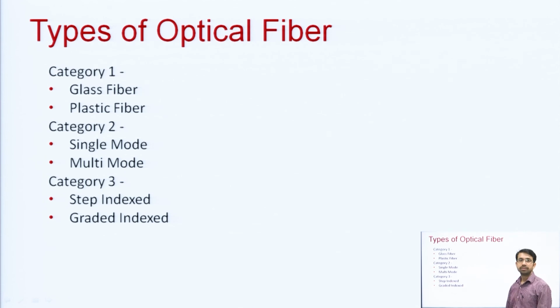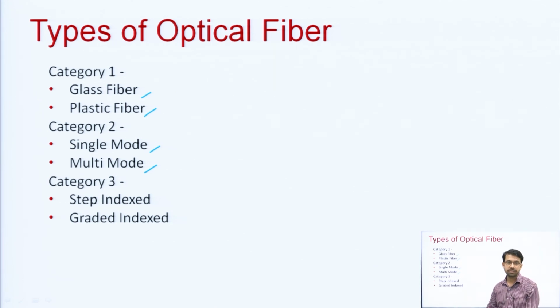Now, next, some different types of optical fibers are listed in this slide. We can divide them into various categories. One is according to the material that is used. So, either glass or plastic can be used to construct optical fibers. Another category is single mode and multi-mode optical fibers.